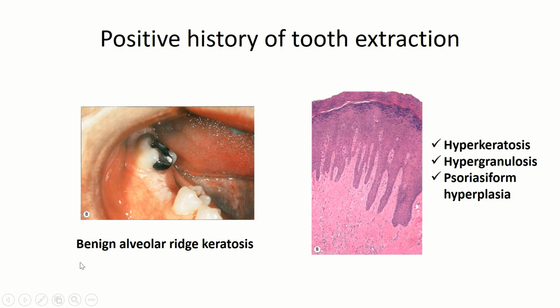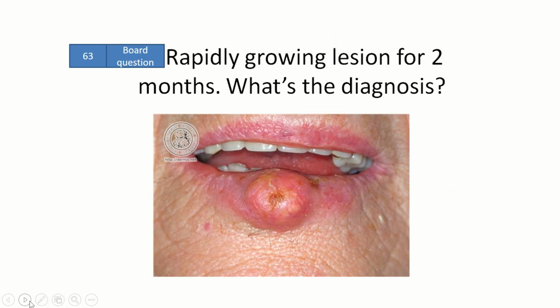As you see here, there is benign hyperkeratosis, hypergranulosis, and psoriasiform hyperplasia. The history of tooth extraction and these findings in histopathology are indicative of the diagnosis of benign alveolar ridge keratosis.